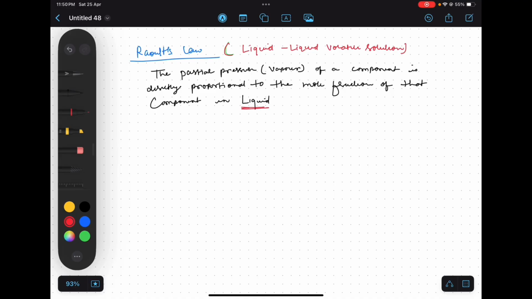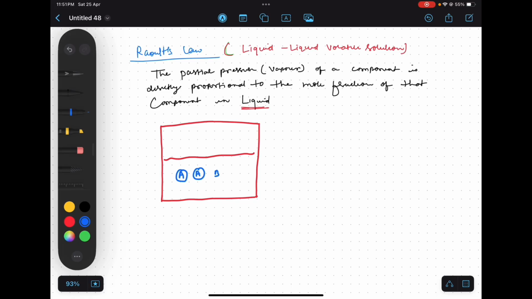So what we are saying is that if I have a system which has two components, assuming A component and B component, it will form vapor because both the components are volatile.